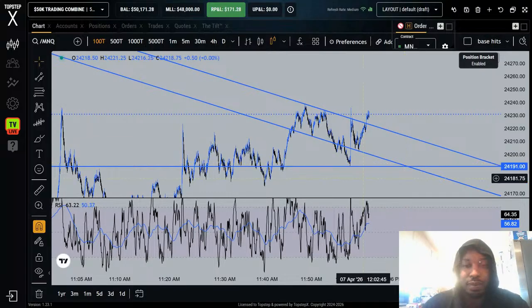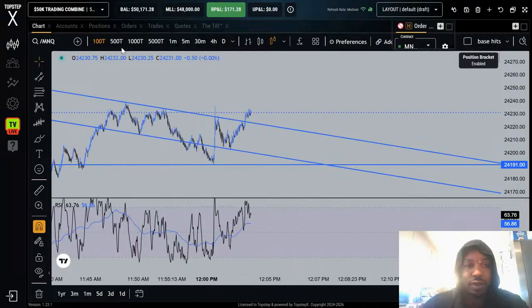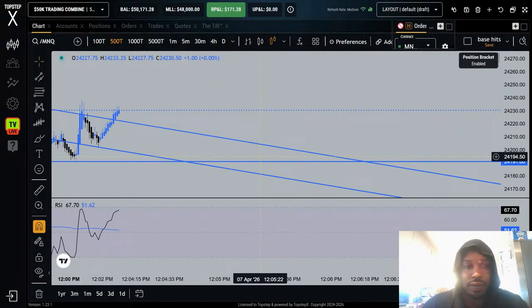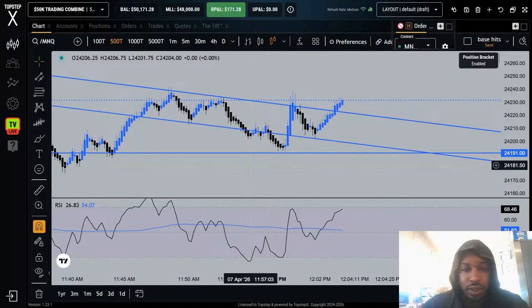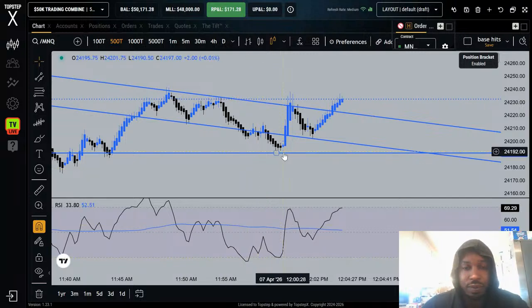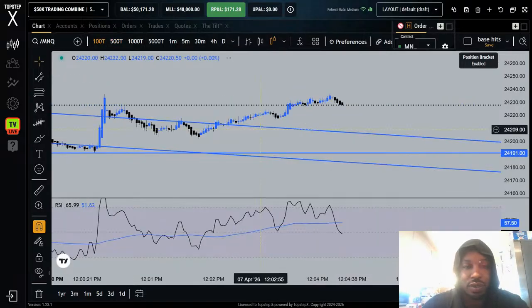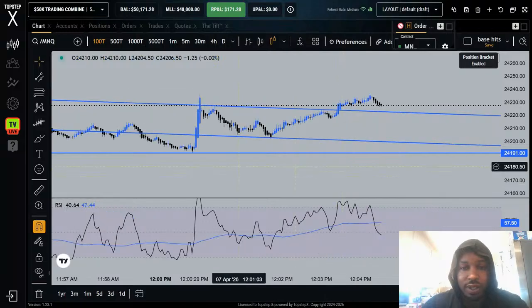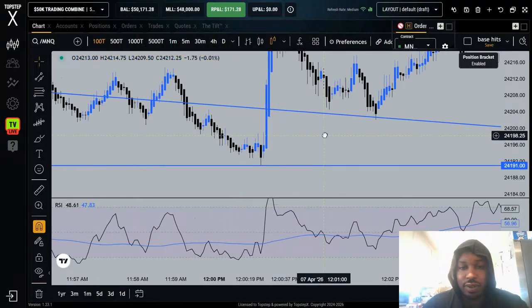I kind of missed my ideal entry, which would have been on a 500 tick chart. This was a bullish divergent between this low and this lower low. I would have been looking to get in like right here on this bar, but I couldn't get that agreement on a 100 tick chart. Oh, yeah, actually, I did get it. I just missed it.